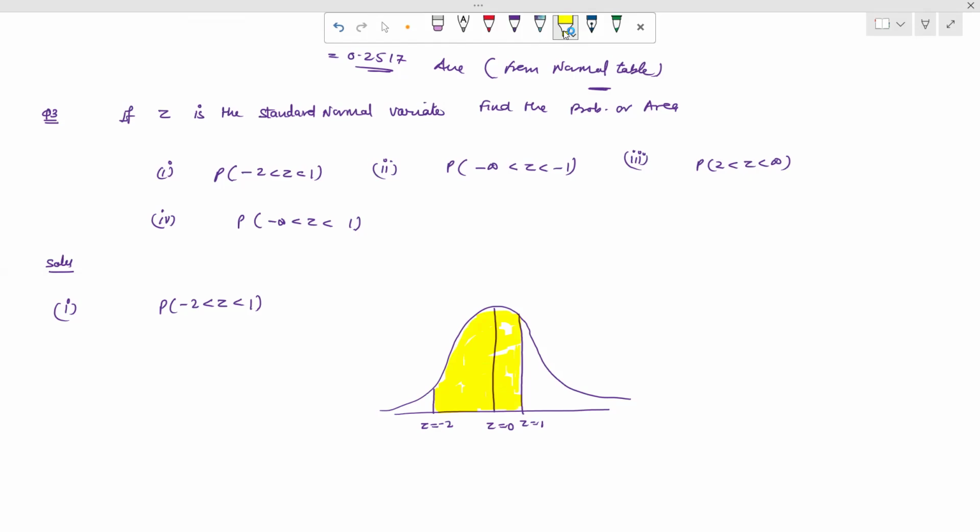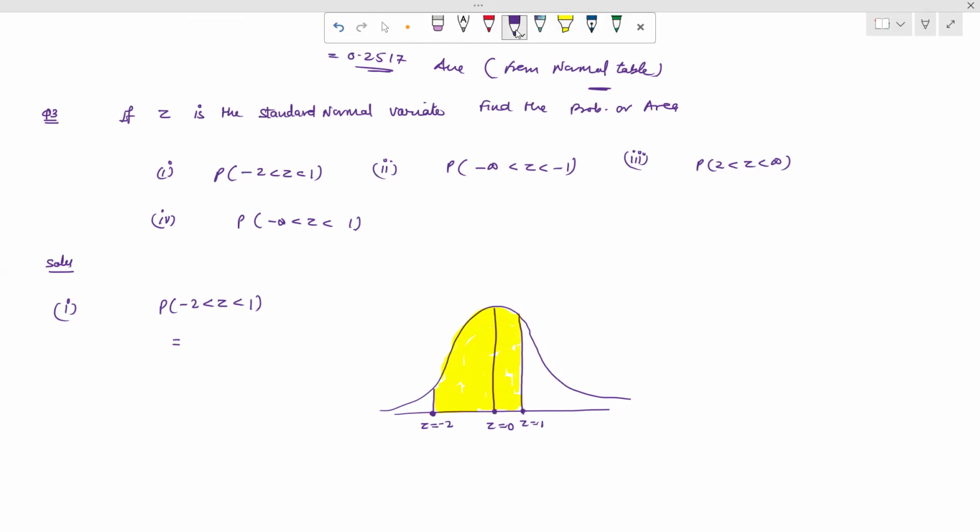When we calculate the area, we first calculate the area from minus 2 to 0 and from 0 to 1.